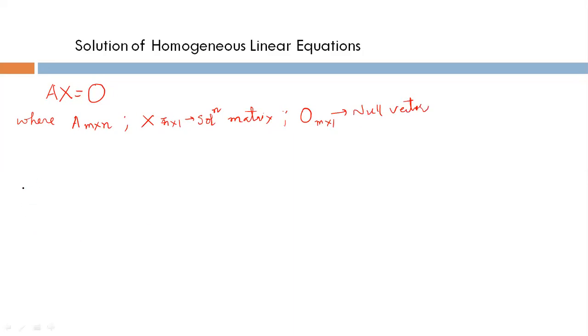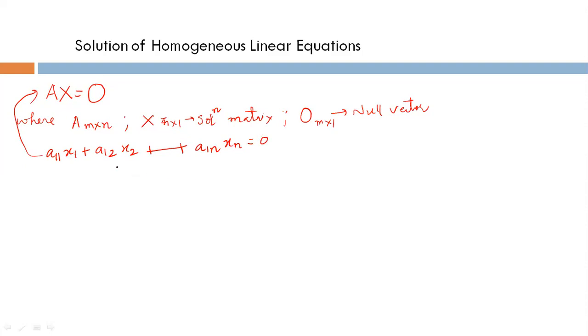So if we write in the form of linear equations, this was the representation for homogeneous system, representing m equations in n unknowns. In the lecture 8 I have discussed it. We can write: a11 x1 plus a12 x2 plus so on a1n xn equal to 0.